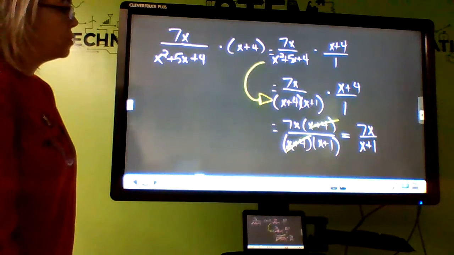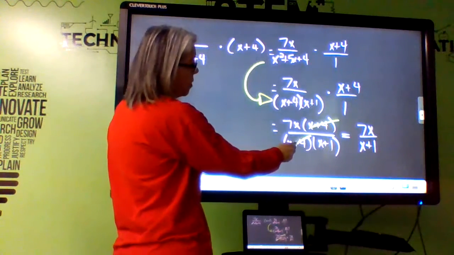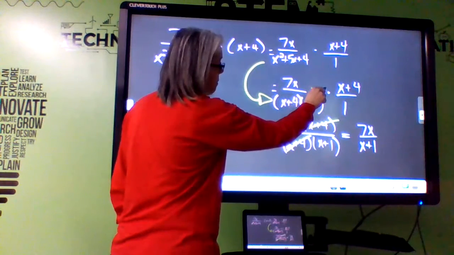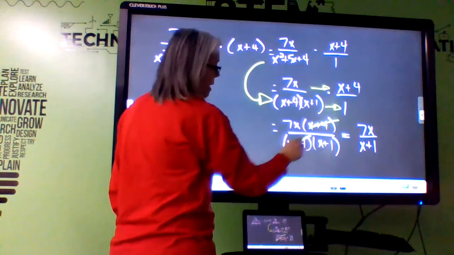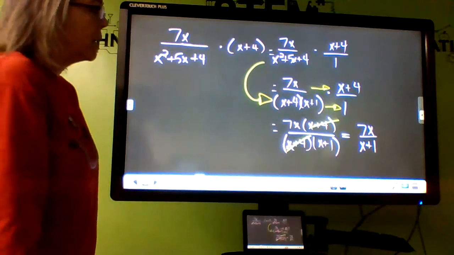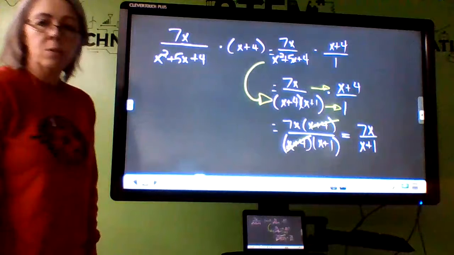So I factored that to two binomials. And then you can see here that we combine the 7 times the x plus 4 across the top and across the bottom, and canceled out the x plus 4, and we are left with 7x divided by x plus 1.